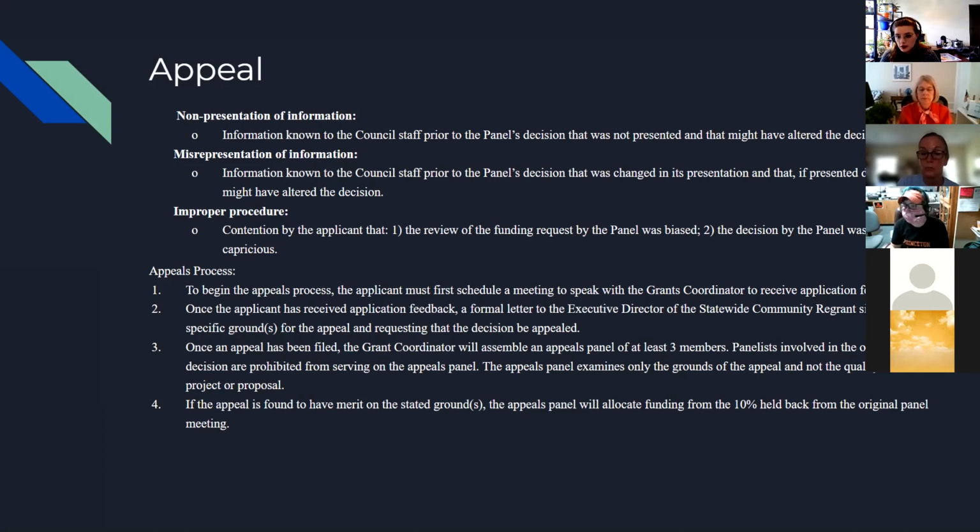So taking the panel notes from the first group, your notes from what happened, and any recordings or things like that from the initial panel, and going, okay, was this process upheld correctly? Was there bias? Was there something judgmental? What went wrong here? And if they find something went wrong, then there is a small pool of money that is kept aside from the initial funding, and you can receive funding. If it is not, you don't get to move forward any further, and it is closed.